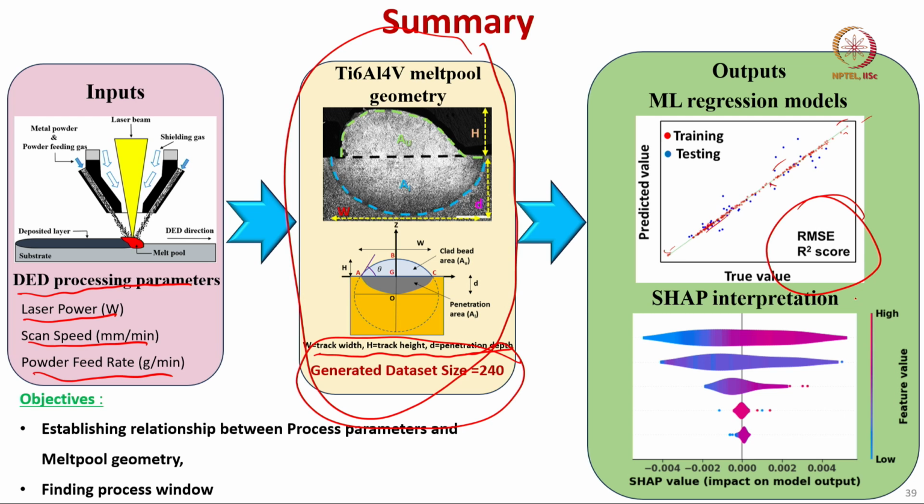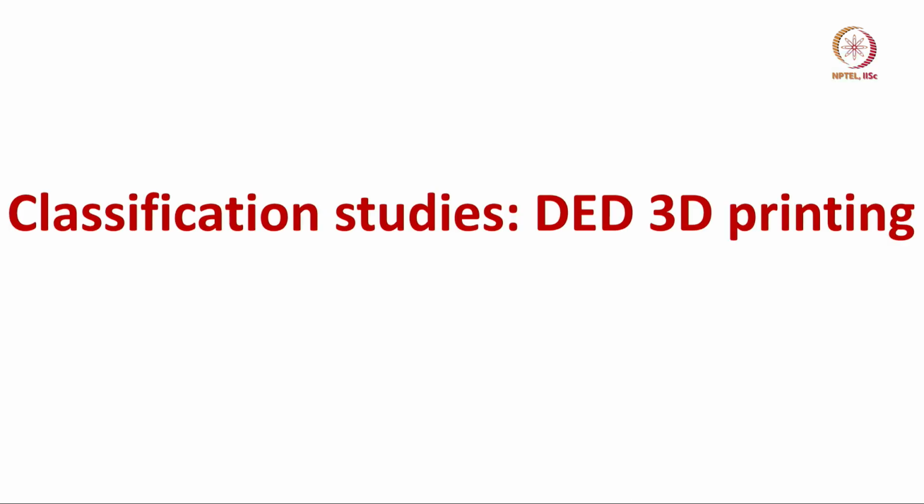SHAP interpretation was very useful to determine the relative impact of the input parameters on the predicted output. That has been shown while showing individual predictions of the track width, track height, penetration depth, penetration area or clad area, as I have been discussing for the last 10 minutes or more.